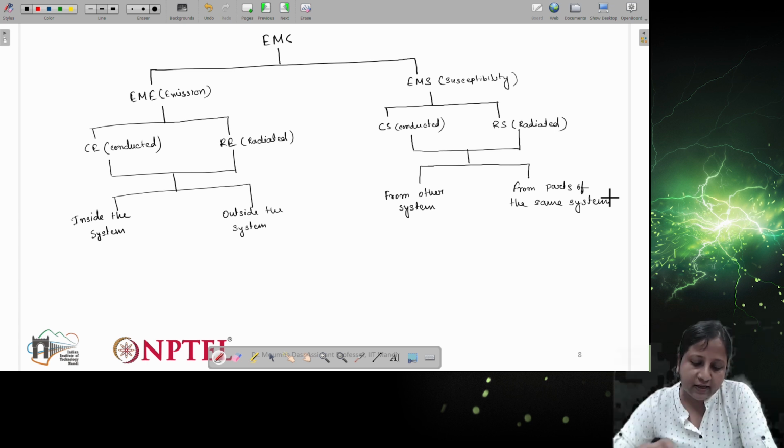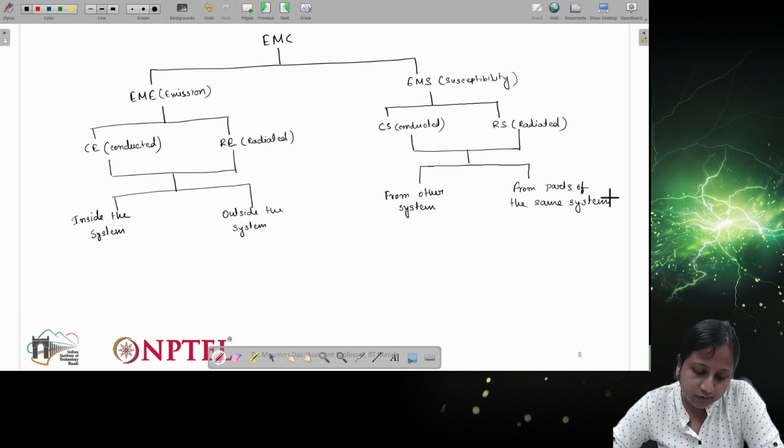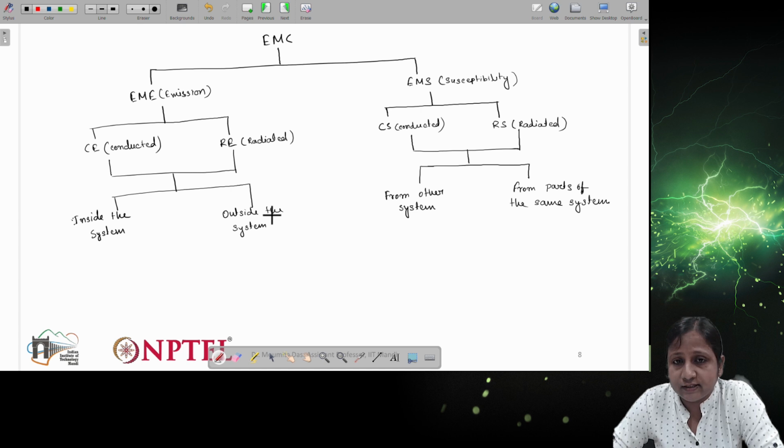So you can see here this EME, which is classified into conducted emission and radiated emission, can be classified into two types, inside the system and outside the system. This means the emission can come from the system itself, or it may be affected from outside the system.